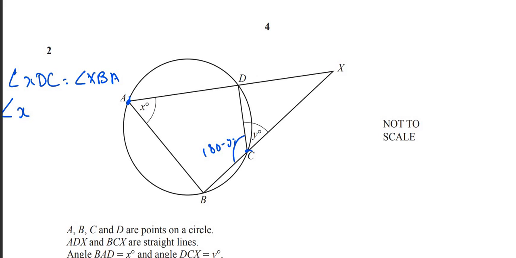Angle XCD is equal to angle XAB. Okay, angle XCD is equal to angle XAB. Then we have angle AXB is a common angle.